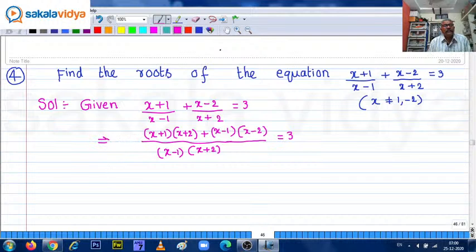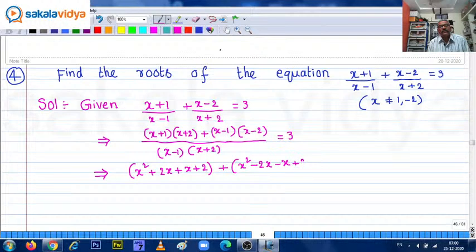That implies x plus 1 into x plus 2 means x into x is x square, plus x into 2 is 2x, plus 1 into x plus 2 bracket, plus x into x is x square, x into minus 2 is minus 2x, minus 1 into x is minus x, minus 1 into minus 2 is plus 2. Let us simplify the denominator also.